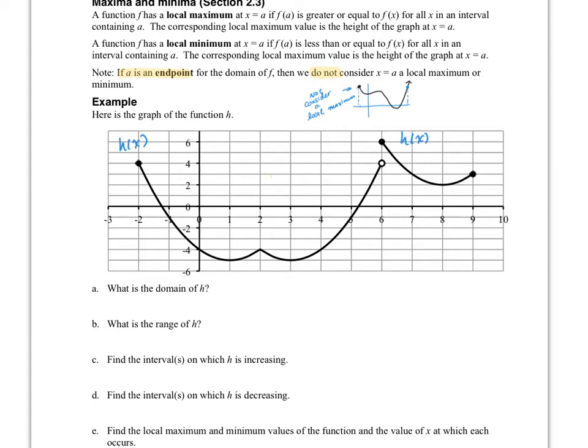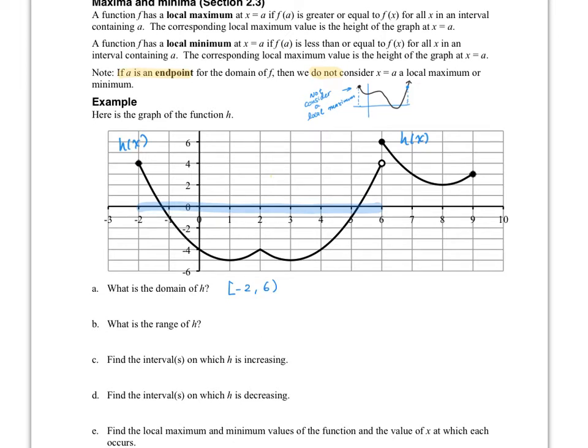The first part is asking you to find the domain, and since this function is divided into two pieces, you could say that the first piece, which goes from here to here, has a domain of -2 to 6. So for the first part, you can say the domain is from -2 to 6, not including the 6.